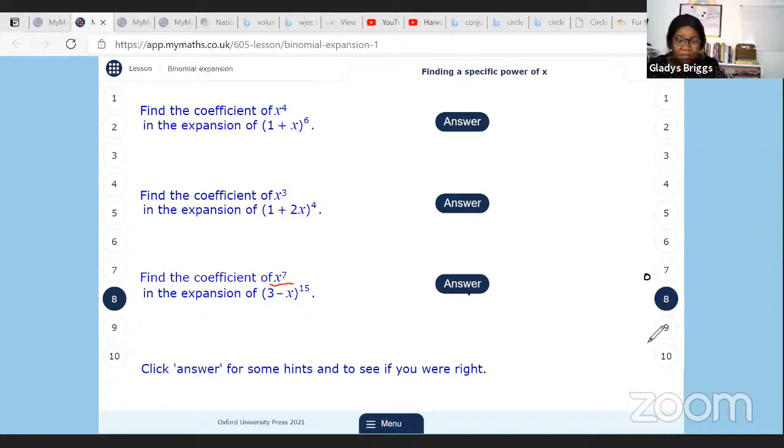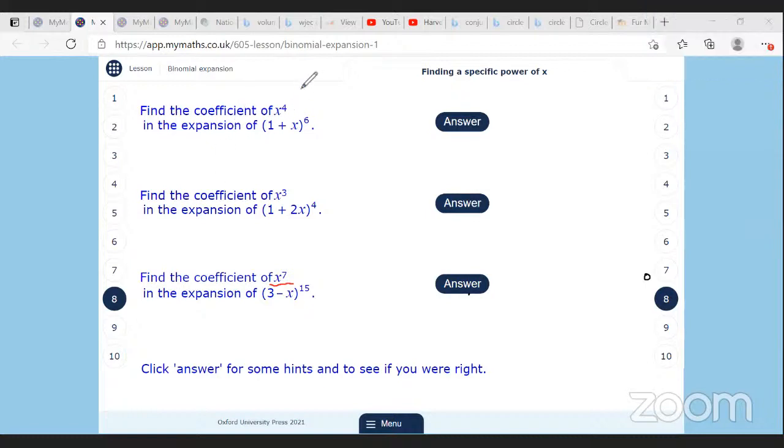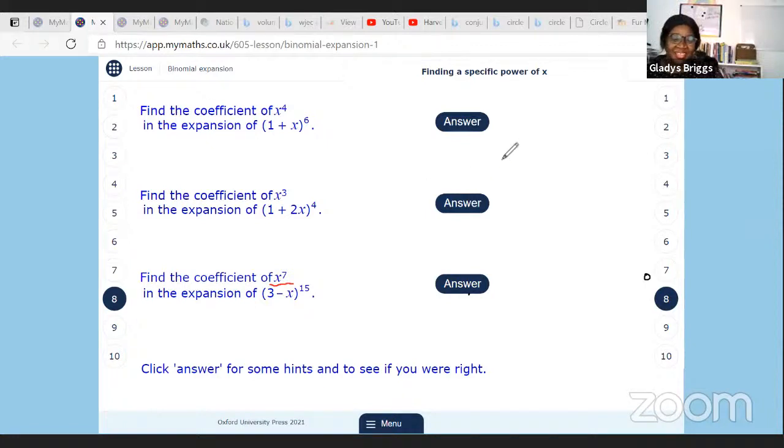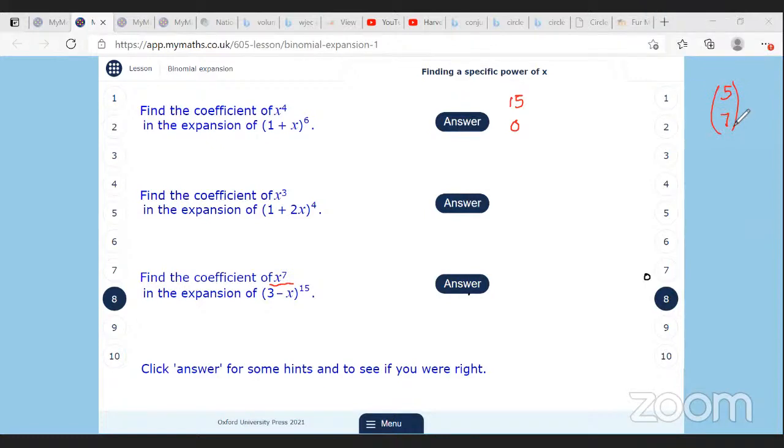Teacher, I have confusion with this. Why are you confused? So find the pattern. If you did, you should have 15 expansions. So the first one should be 15 choose 0. So it's up to 15 choose 7. Yeah. Oh, okay. I understand now.